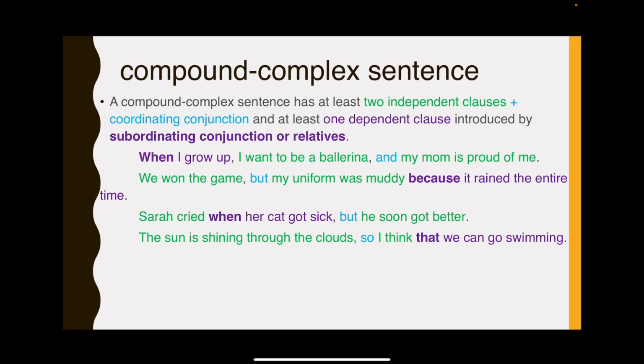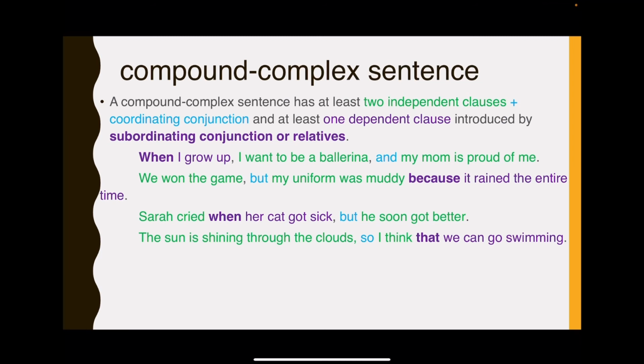Sarah cried when her cat got sick, but he soon got better. You can see two greens, right? Sarah cried and he soon got better. That is two independent clauses joined together by using the coordinating conjunction but. When her cat got sick, that is a dependent clause starting with the word when.